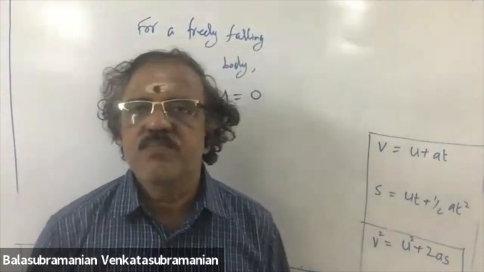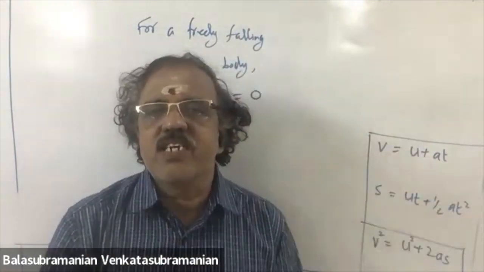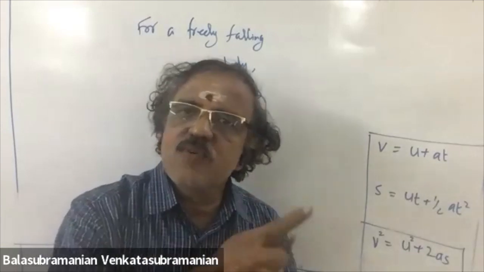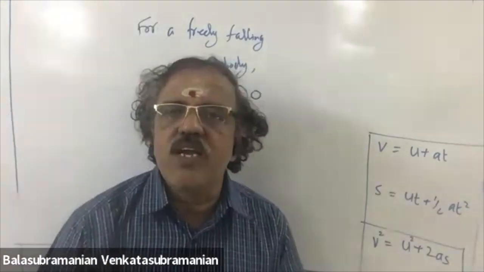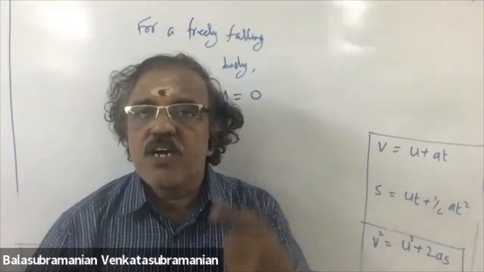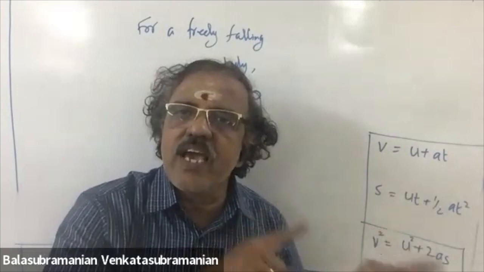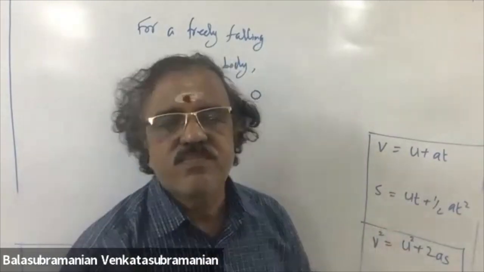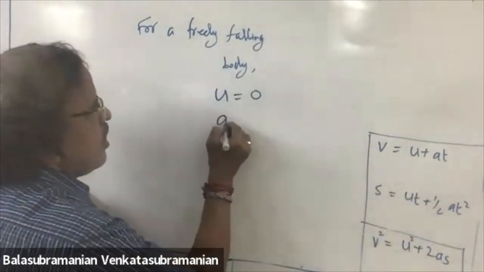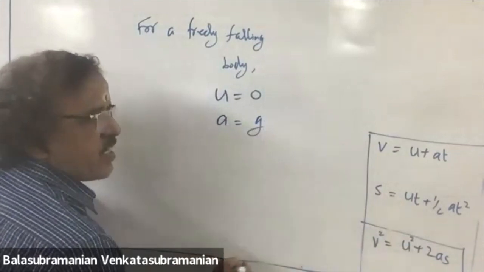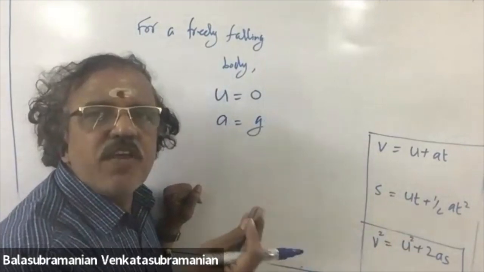Second point, when a body is moving with an acceleration a, velocity changes with time. But in the case of a freely falling body, the acceleration is the acceleration due to gravity. That means a becomes g, because the body is freely falling.